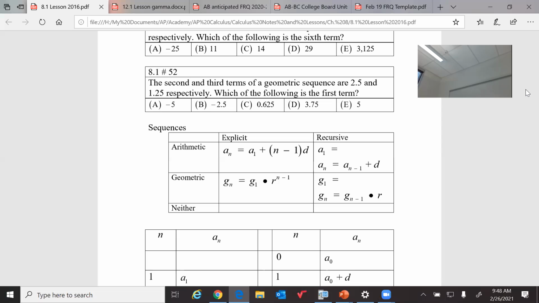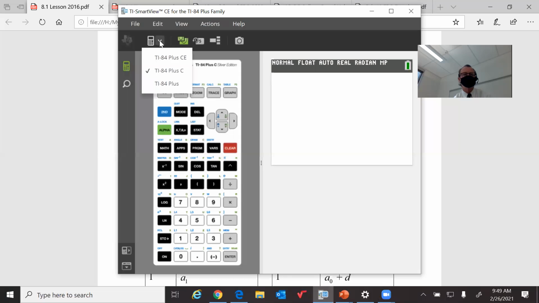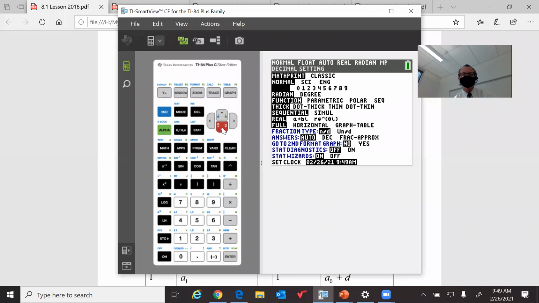So if we go to your calculator, now this calculator right here, I'm showing you the mid-grade version of this.